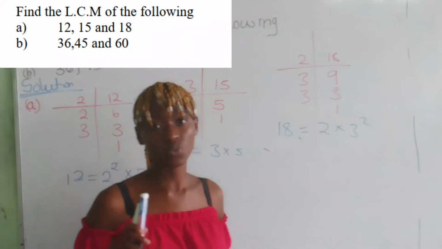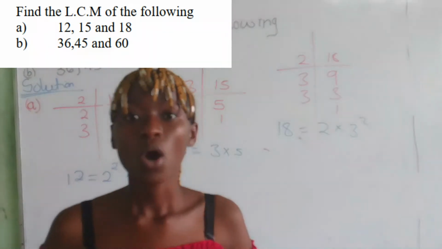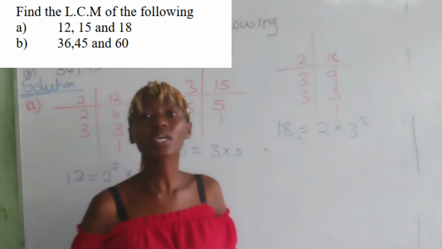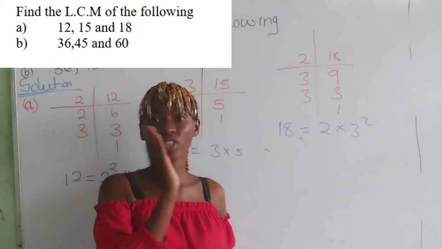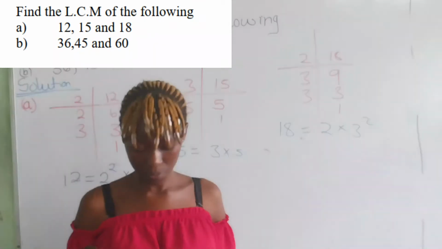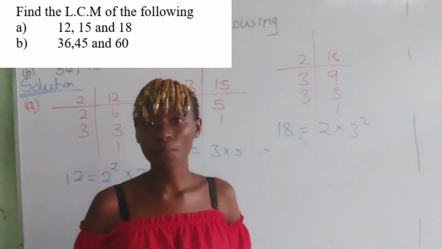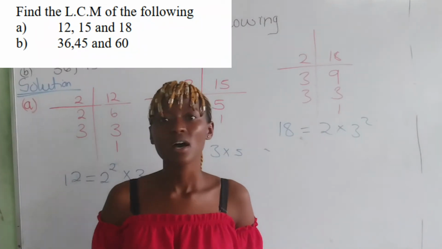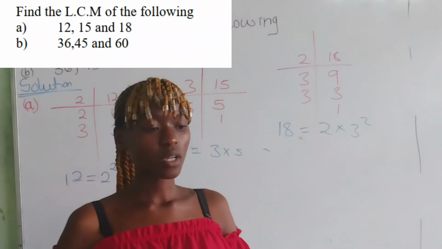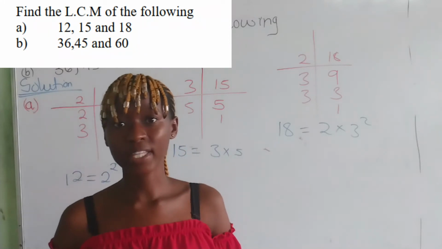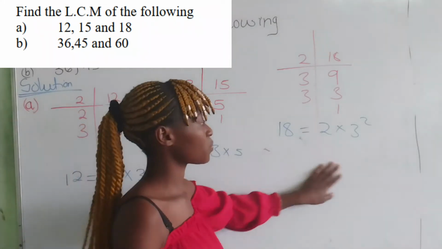That's the difference from the HCF. With the HCF, we just find the common factors that appear in all the values we are given. But for LCM, we have to find the multiple that has all the factors involved.